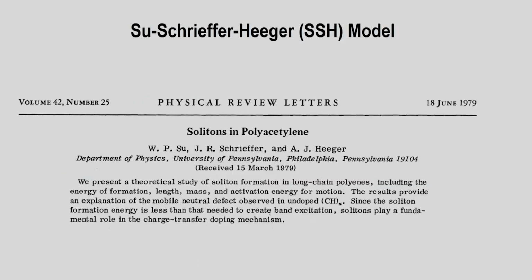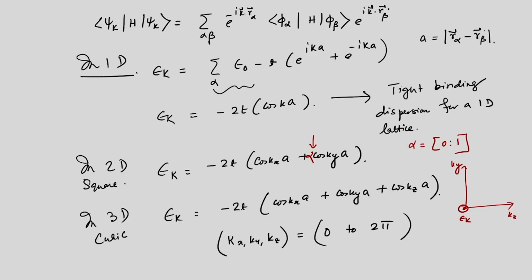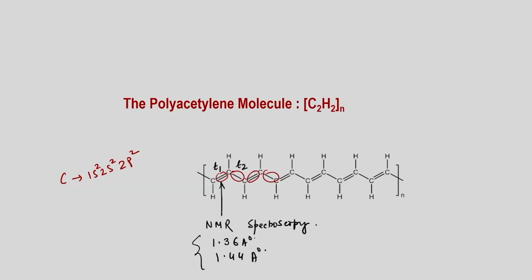Just to remind you that this is the same T that we are talking about, the hopping amplitude or the amplitude of the kinetic energy for the electron to go from one ionic site to the next ionic site. So, there is a T1 and a T2.